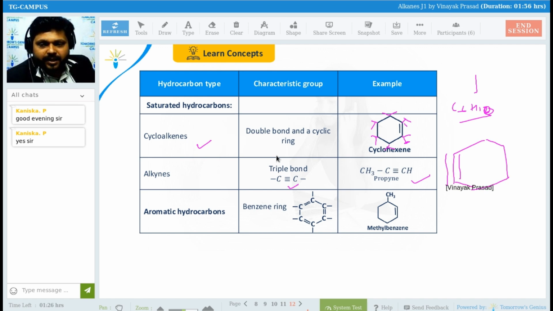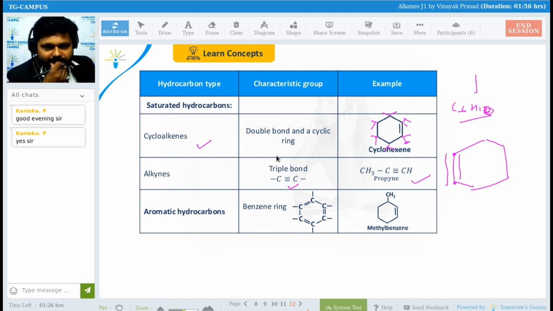Now if you form one triple bond, see guys, please try to understand. Carbon can form 4 bonds. So 1 bond here, 2 bonds, 3 bonds, 1 bond here, 4 bonds. So is it possible? What do you think?